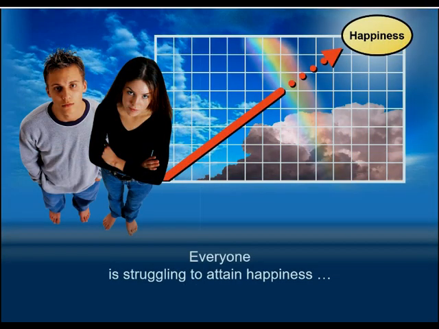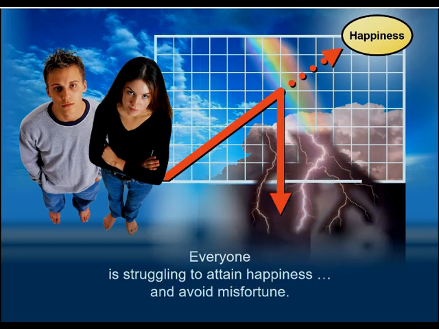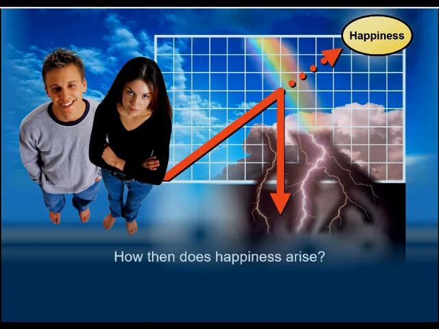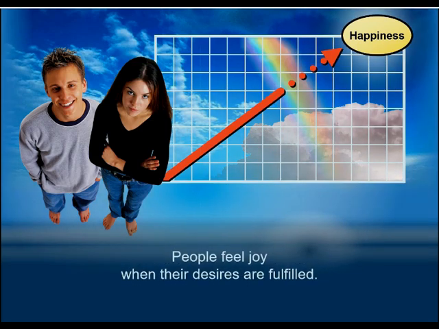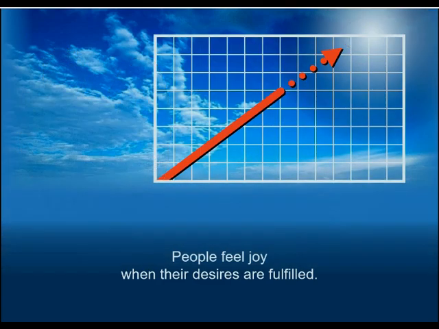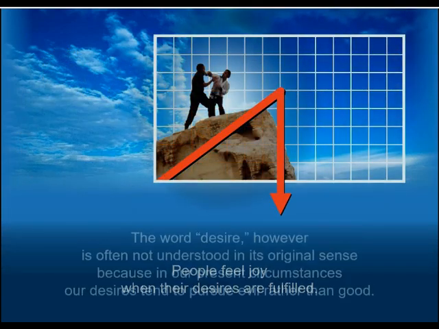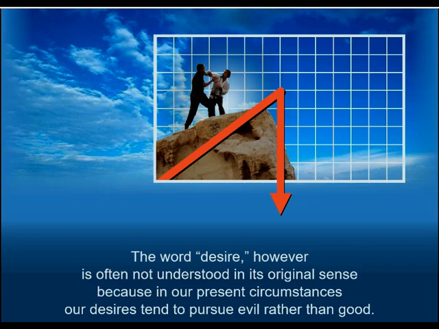Everyone is struggling to attain happiness and avoid misfortune. How does happiness arise? People feel joy when their desires are fulfilled. The word desire, however, is often not understood in its original sense, because in our present circumstances, our desires tend to pursue evil rather than good.